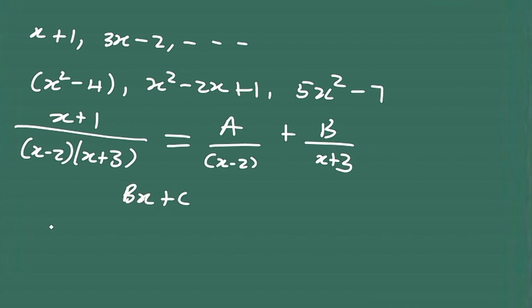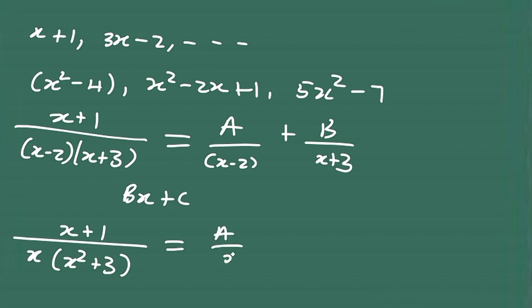So if we have an expression like x plus 1 all over x times x squared plus 3, x is a linear factor, so we are going to have a all over x plus the quadratic factor, which would be, remember that bx plus c is the numerator for a quadratic factor. So this will be all over x squared plus 3.